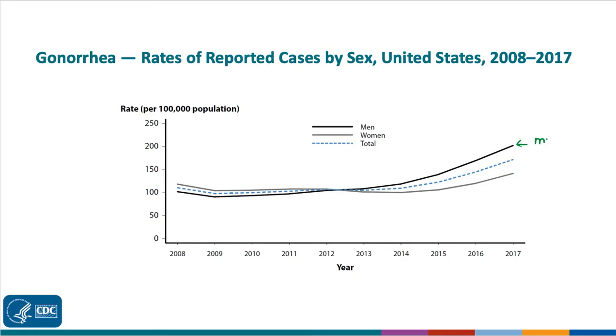But again, this could be due to the fact that a higher percent of men will experience symptoms. And you don't see as big of a difference as we did with chlamydia, but females are going to be somewhat close in terms of rates of reported infections because of their being more likely to be screened due to yearly pap smears.